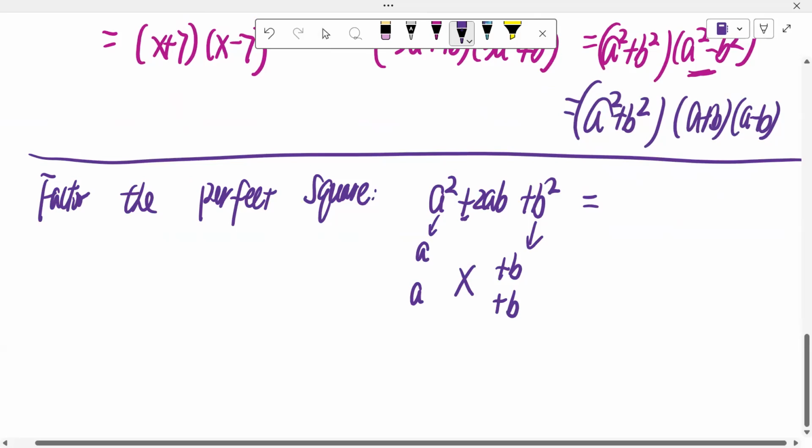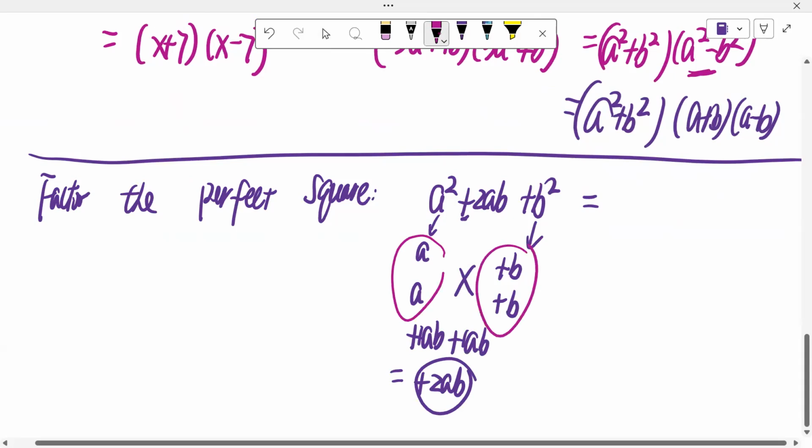Then we cross multiply, and we get plus ab plus ab, so it's 2ab. So all three terms are confirmed: first term, last term, and middle. So a plus b, then it becomes a perfect square. So it's a plus b squared.